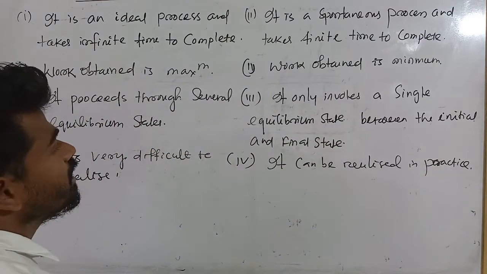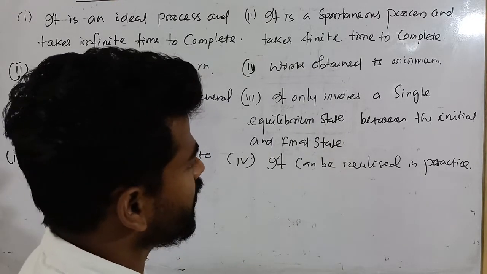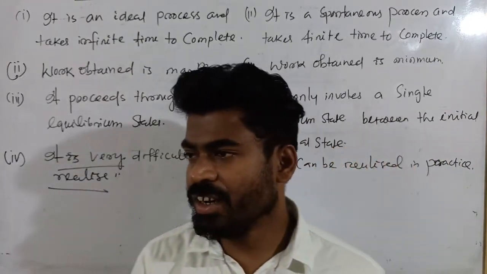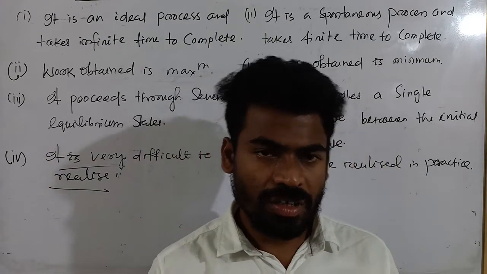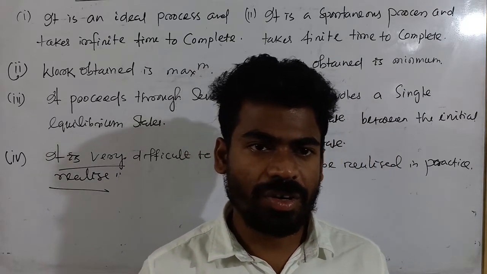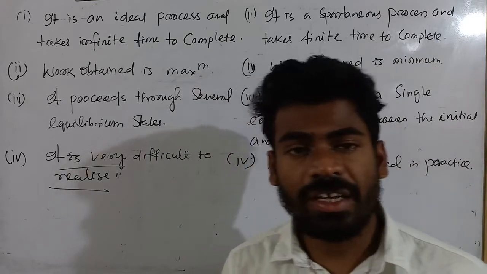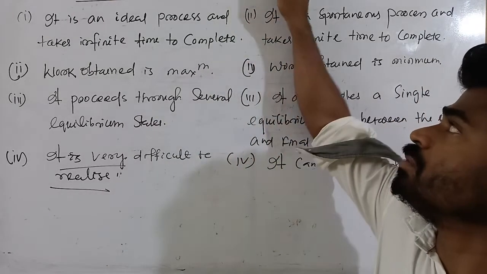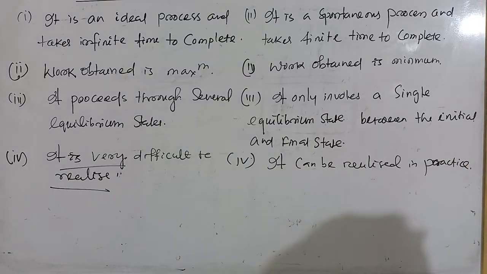You can realize an irreversible process, but a reversible process, such an ideal process, is difficult to realize. Like in states of matter I have told you, it is very difficult to get an ideal gas under certain conditions, but real gases are very common. Like that, a reversible process is very difficult to realize, whereas an irreversible process is easy.